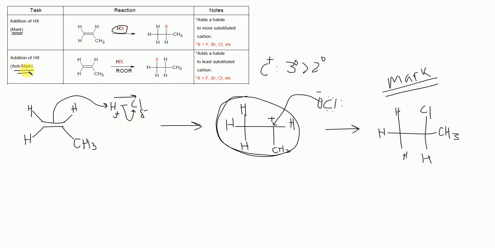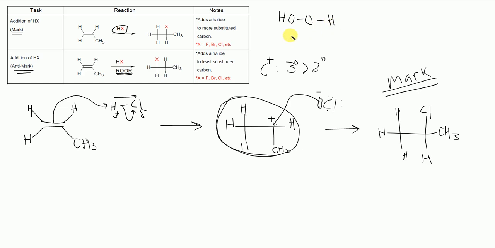We have addition of HX, which we call anti-Markovnikov. And the reason we call it anti-Markovnikov is because when we have the addition of what we have over here, it is ROOR. And what this is, is a peroxide. So a peroxide is anything that's essentially like this.